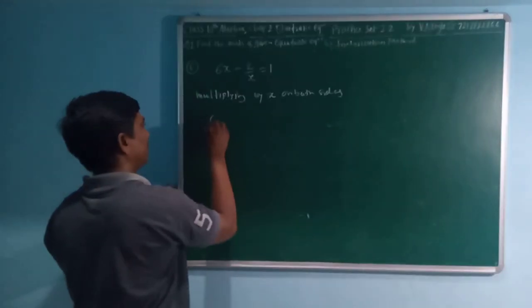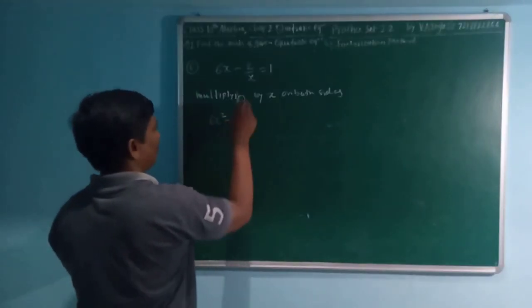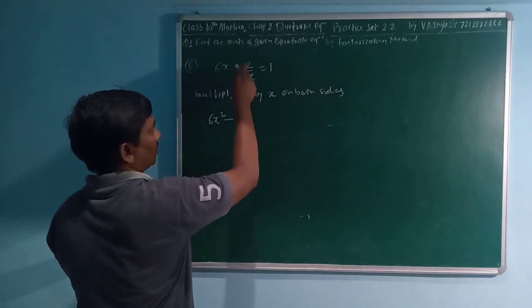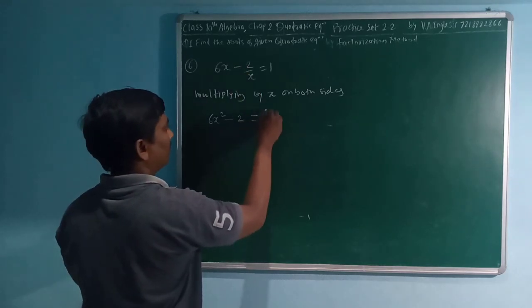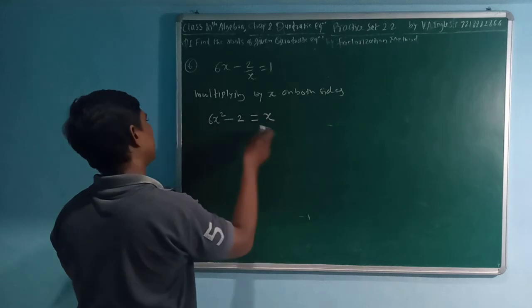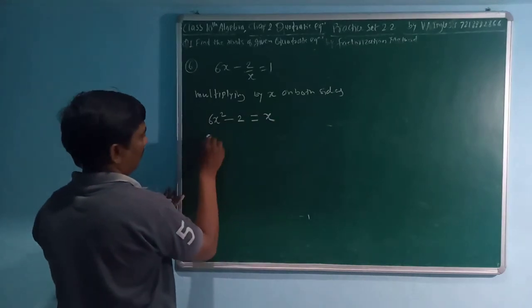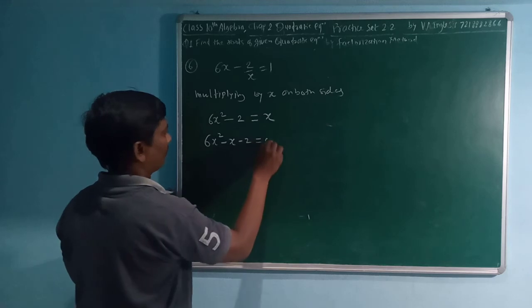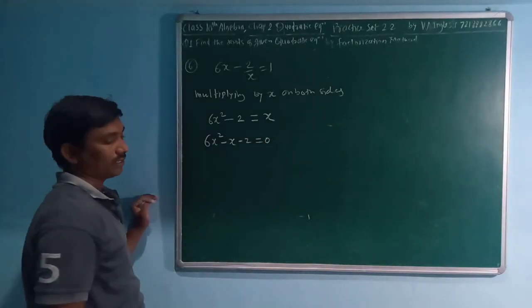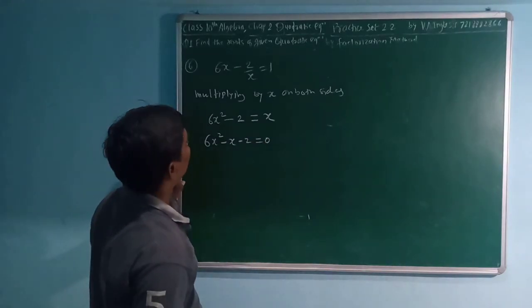So if you multiply here, it will become 6x square. If you multiply here, okay, so x will get cancelled, it will be minus 2 only, and here 1 into x, that will be x. Take this x to the left hand side, so that it will become like this. Now this is the general form of the quadratic equation.